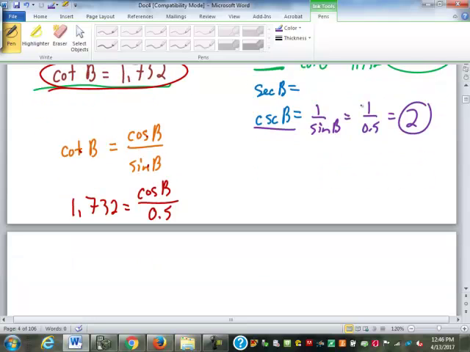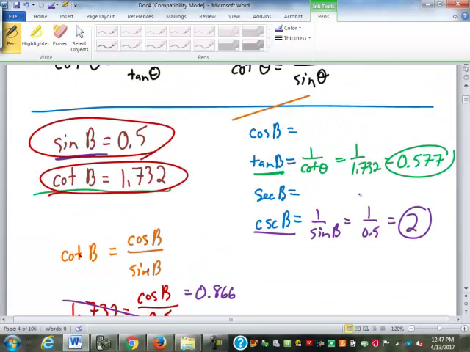So now looking at this, if I want to solve for cosine of B, I could put that over 1 and cross multiply and divide. 1.732 times 0.5 divided by 1 is going to equal 0.866. So cosine is 0.866.